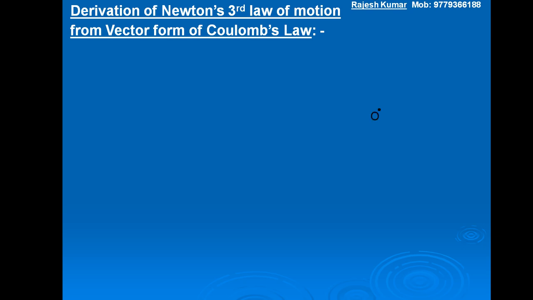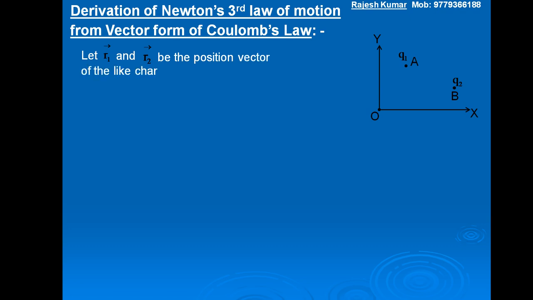Suppose this is point O as origin, this is the x-axis and this is the y-axis. So this is charge Q1 placed at point A and this is charge Q2 placed at point B. Let R1 vector and R2 vector be the position vector of the like charges Q1 and Q2 respectively.